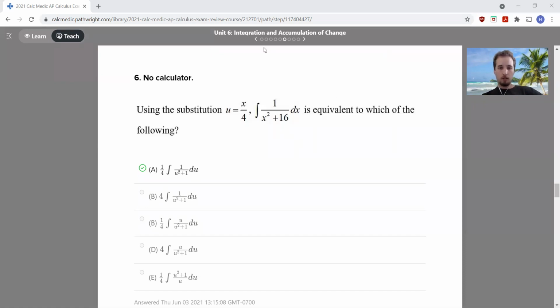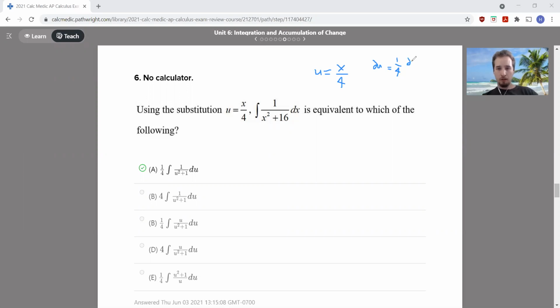Luckily, they're giving you u this time, so you don't have to figure out u here. So if we're using u substitution, we not only have to find u, we have to find du as well. So du is going to be the derivative of x over 4, which is just 1/4 dx.